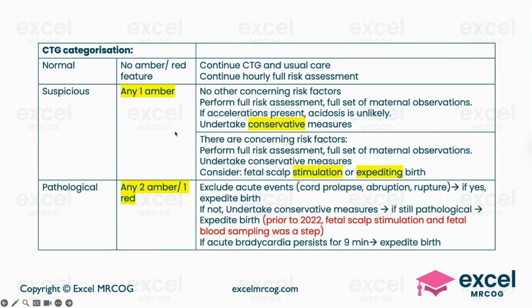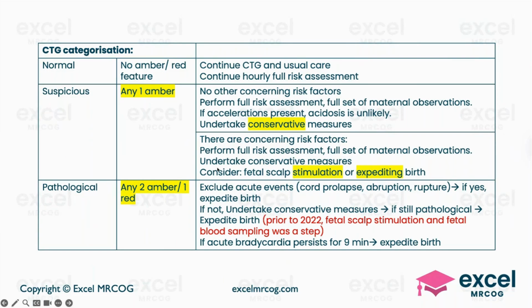Now we come to the category where we are worried about the mother for some reason and she's having an amber feature. Now the thing is that because there is a determined risk factor in her, we still can do all this maternal set of observations and full risk assessment. But if we do identify some underlying reason for it, like for example dehydration, we can take corrective measures for it.